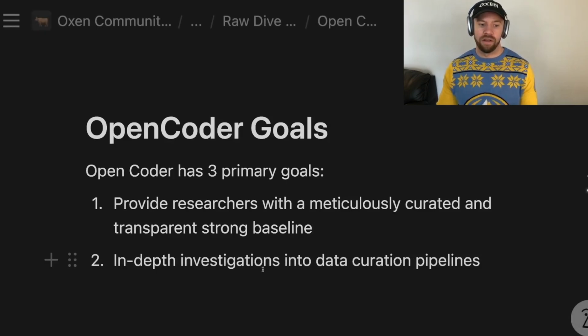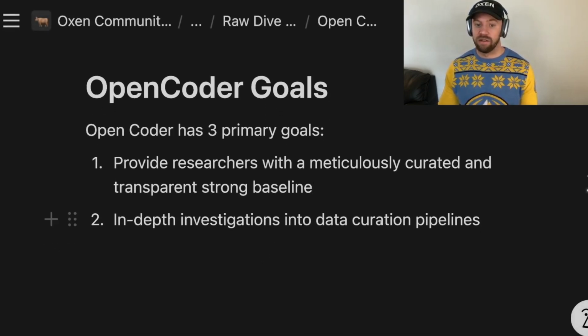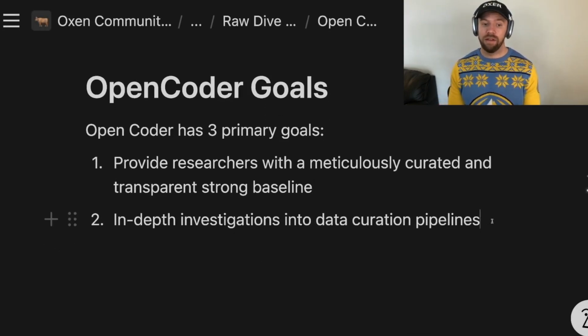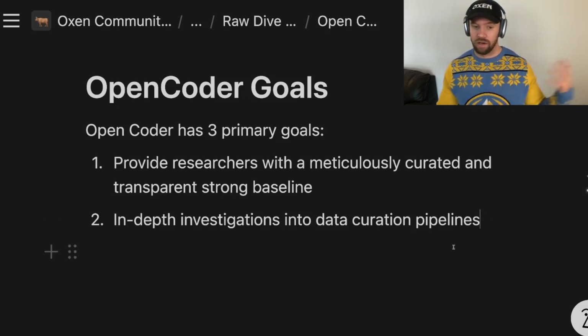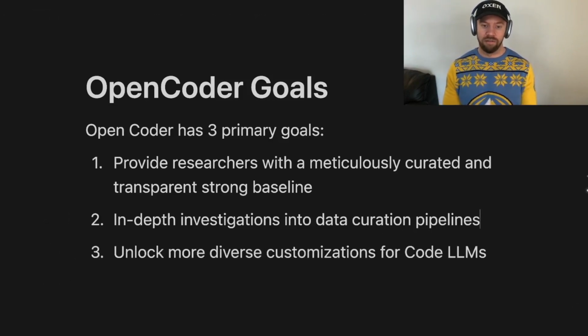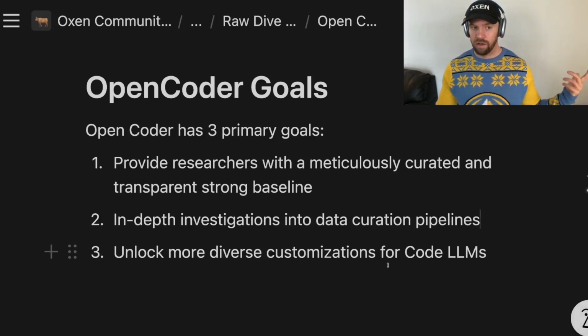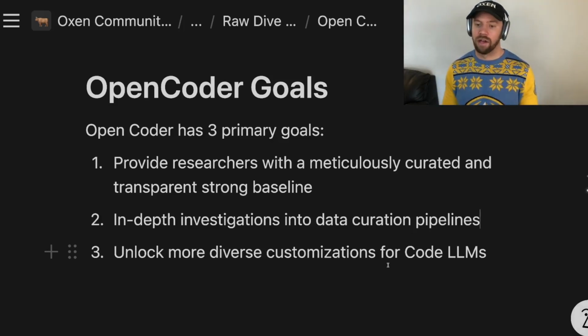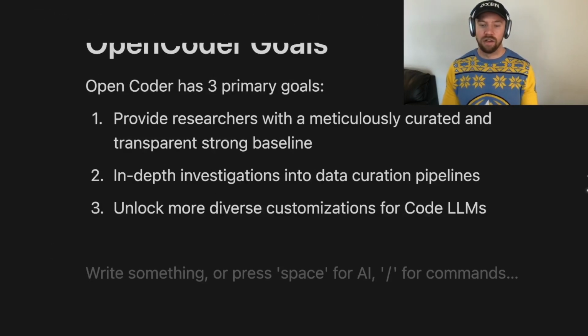The second one is in-depth investigations into the data curation pipelines. So how do we generate these massive pre-training and post-training data sets? And then finally, unlock more diverse customizations for code LLMs, like if you were trying to solve that challenge above.